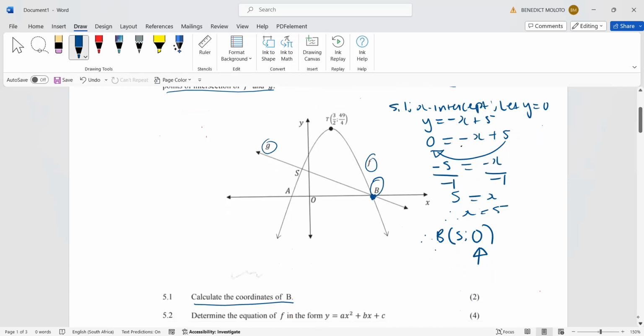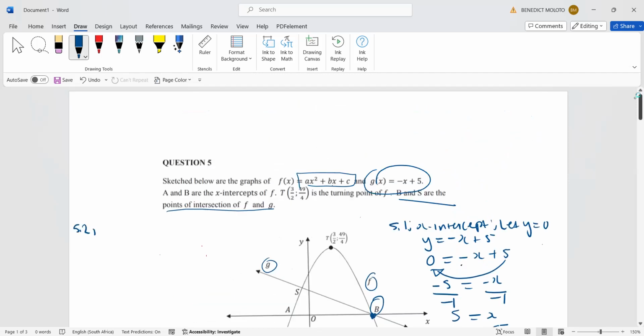Then the second question here, 5.2, says: determine the equation of f in the form. Basically, we calculate the equation of f in the standard form. When we check our given information, we only have the turning point coordinates of our parabola.